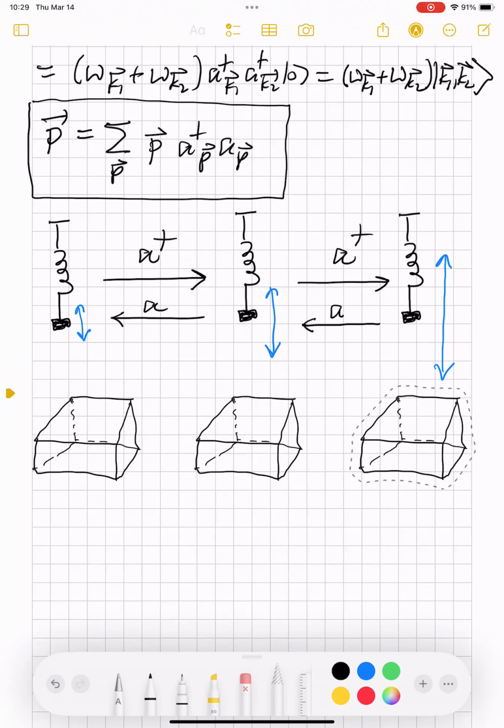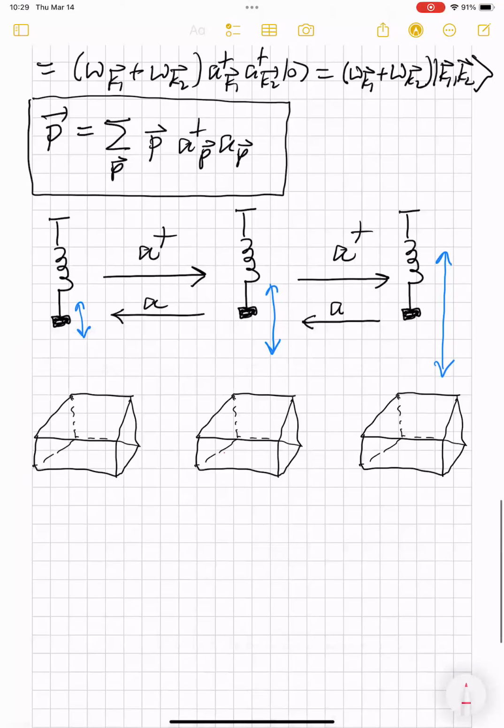We might start off with a box that has got nothing in it. And then a moment later, we've got a particle with momentum K1. And we might want to create a second particle with a momentum K2.